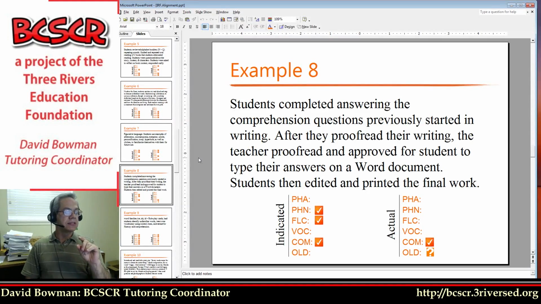So I'm going to say I don't see the phonics and I don't see the fluency, but I do see the comprehension. And maybe I've got a question mark as a maybe we can go from this activity to oral language development, depending on what those questions are. So it's a maybe, and what kinds of responses they're being asked to give to various questions. However, looking at this, there's a lot going on in this session.